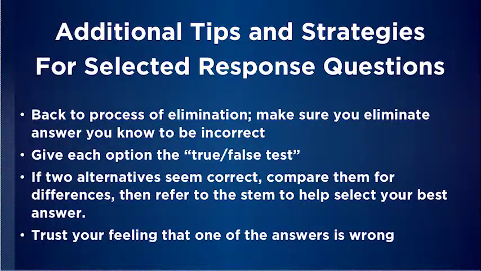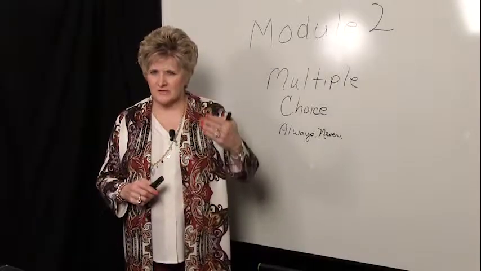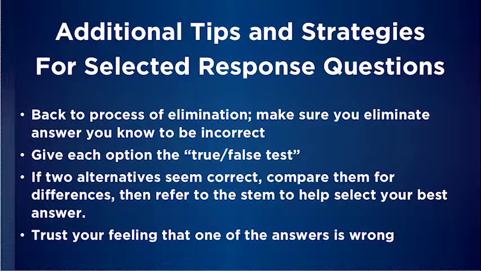If two alternatives seem correct, and that's how this test is written, compare them for the differences. Then refer to the stem to help you select your best answer. Go back. What is the question actually asking me? Trust your feelings. 3 of the answers are wrong, and 1 of the answers is right.